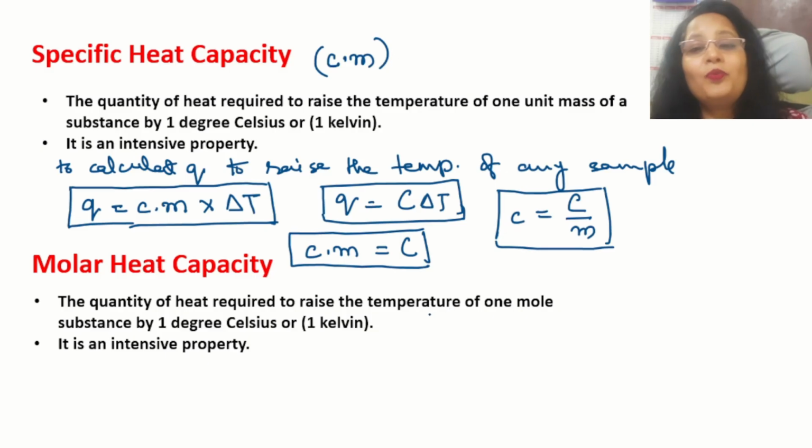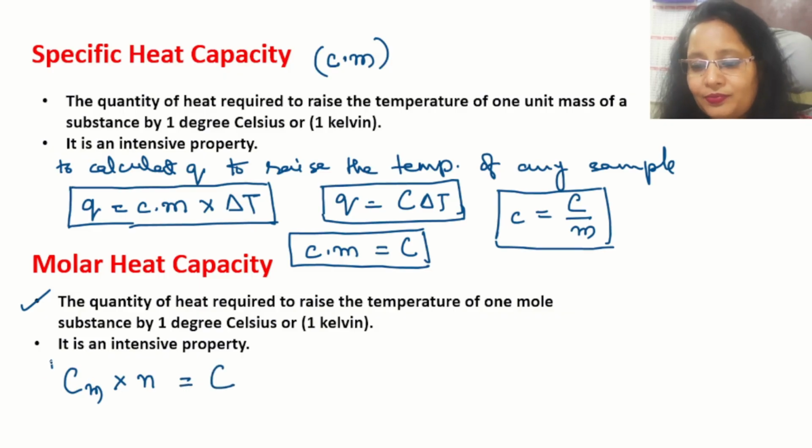Now come up to molar heat capacity. Now the definition says the quantity of heat required to raise the temperature of 1 mole of substance by 1 degree Celsius. So here we can say the molar heat capacity, which we will denote by C subscript M, multiplied by number of moles is equal to heat capacity.